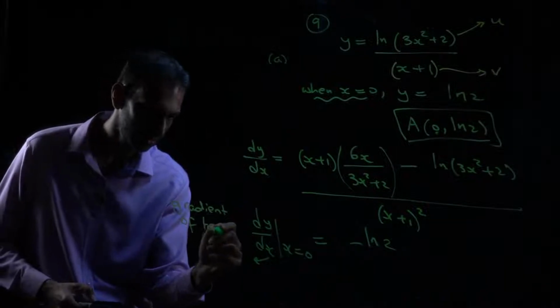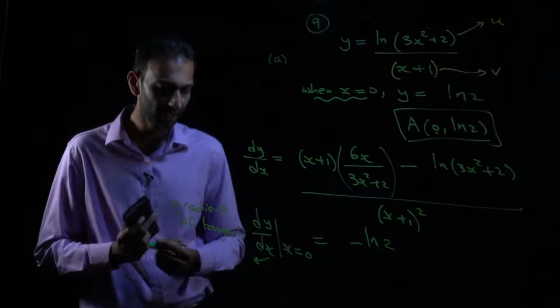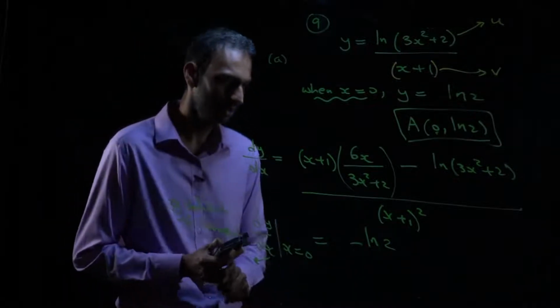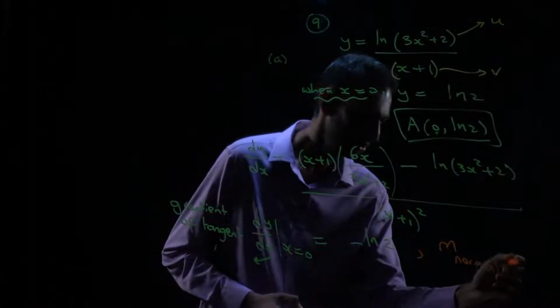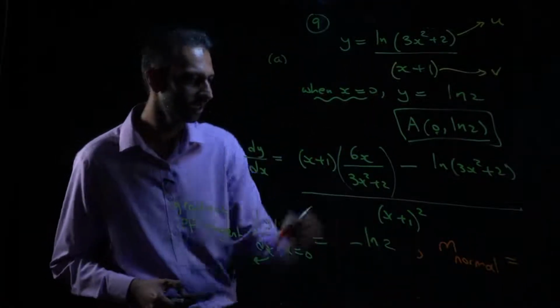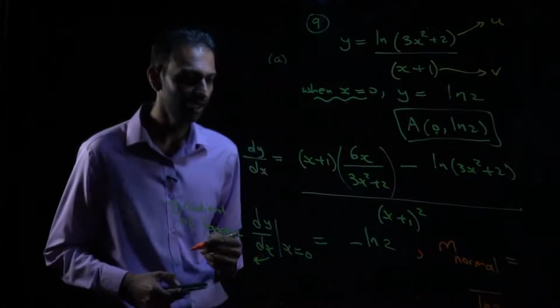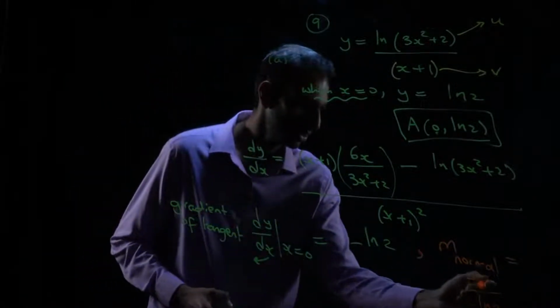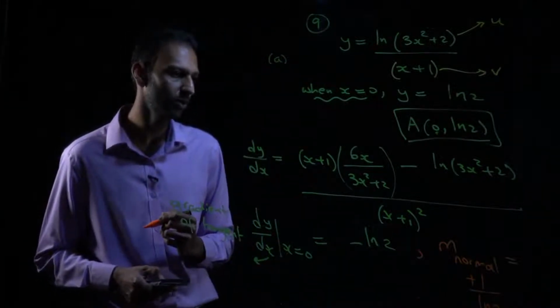Now, if we want to find the gradient of the normal, it would be inverting the gradient of the tangent, which is ln 2, and then changing the sign, which is plus 1. So the gradient of the normal is 1 over ln 2.